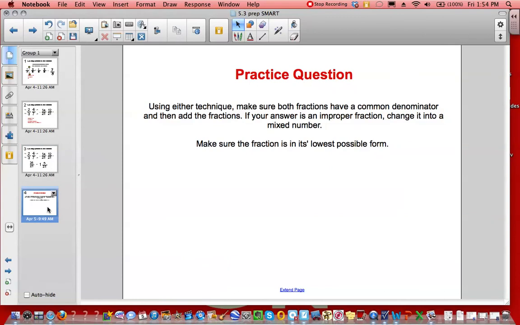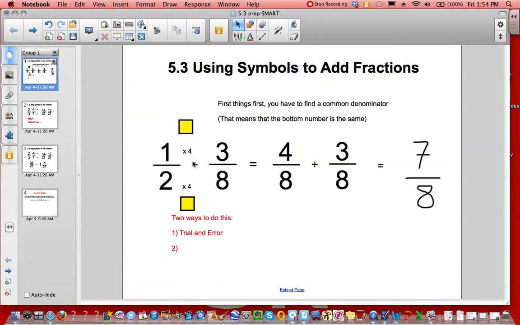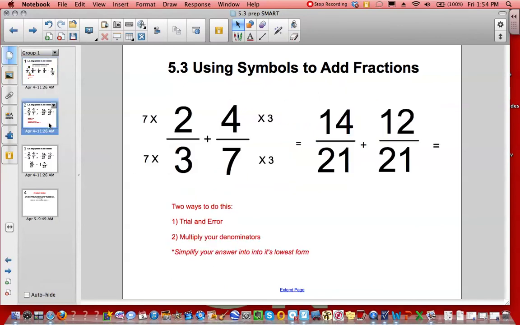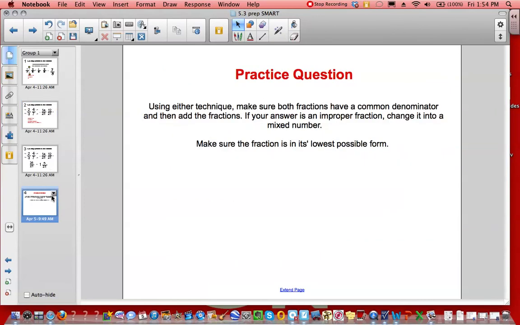So for your practice question, use either technique: the first one, where you find a common denominator by changing one of them, or multiplying the denominators together. Make sure both fractions have a common denominator, and then add the fractions below. If your answer is an improper fraction, change it into a mixed number. And make sure the fraction in the end, whether it be a mixed number or an improper fraction, is in its lowest possible form.